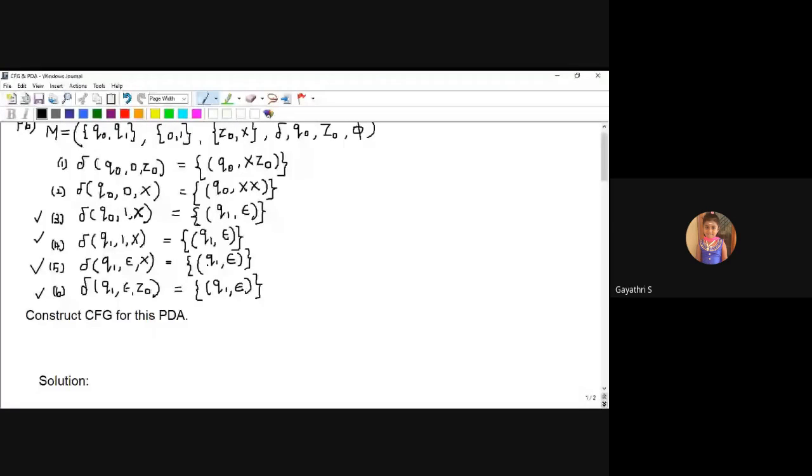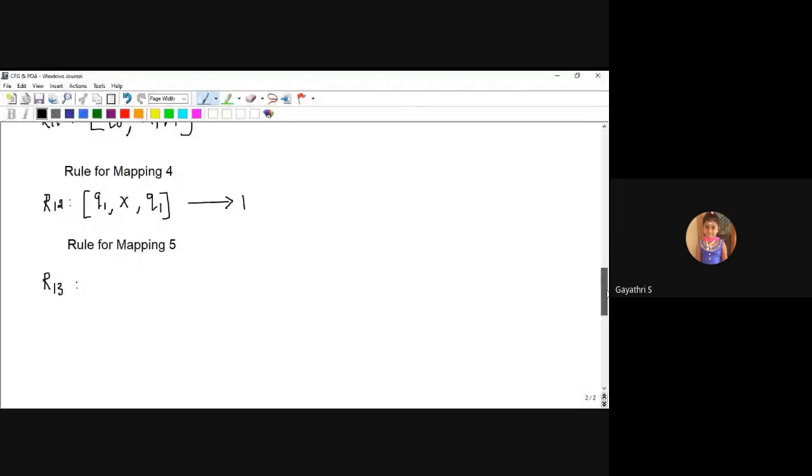Top of the stack X. Here no any input, epsilon, input which is epsilon. So rule number 13, you have to write as Q1, top of the stack X, Q1, which brings epsilon.